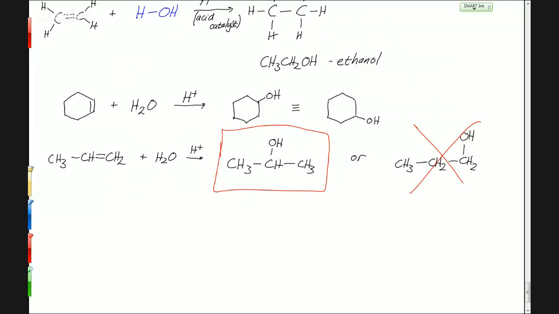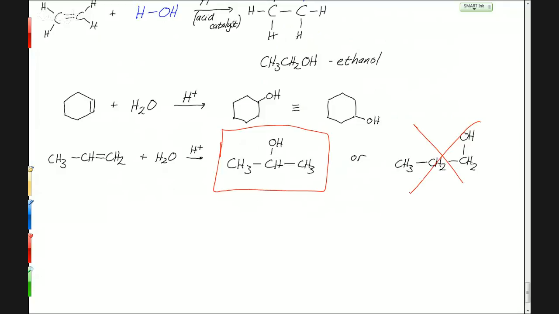But what we can do is think about how to decide which one goes where. There are two different ways that people remember this, so you can decide whichever one sounds less confusing to you. Some people like to think of it as the OH goes on the carbon that's connected to the most other carbons. Do you see how that works here?